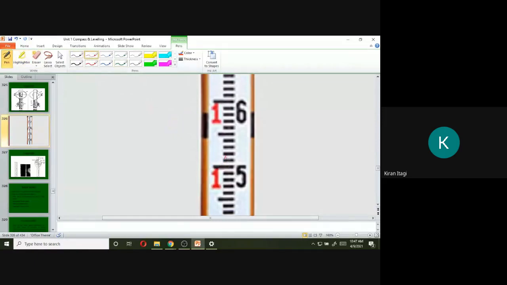This gap is nothing but 5 mm. This black line is also 5 mm. This black line is also 5 mm. This is how our leveling staff will be.